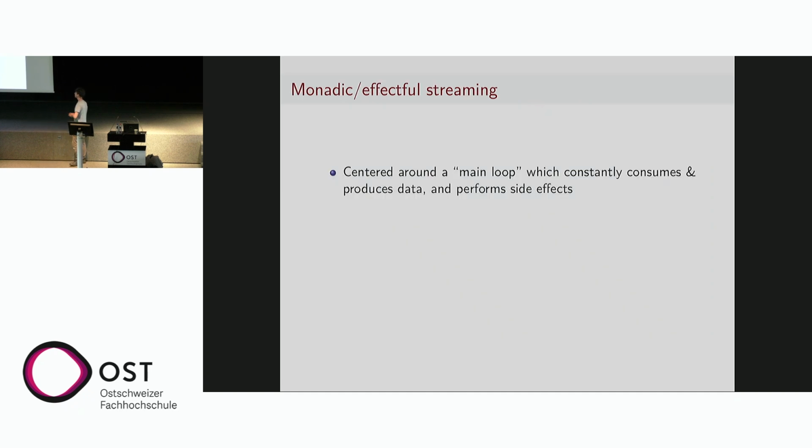Okay, first, one quick word about monadic effectful streaming, as I would call it. Very often you have programs that are centered around a main loop that consumes data, produces data, and performs side effects. There are lots of libraries that do that. I'll put them in two categories.